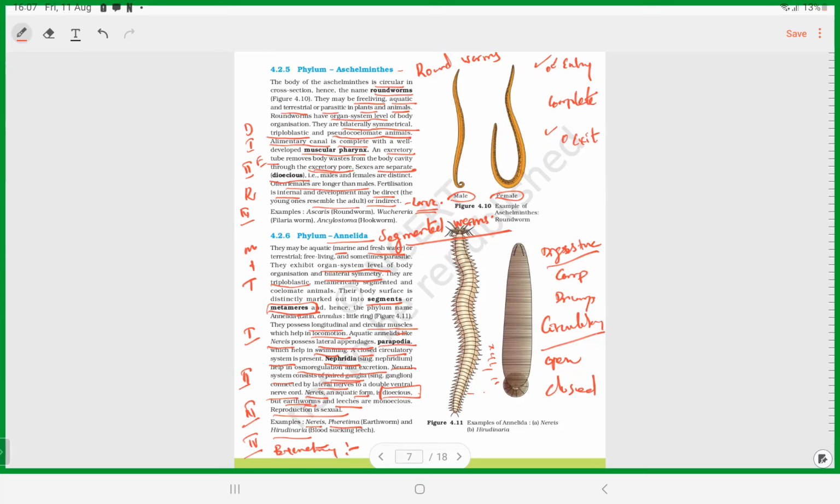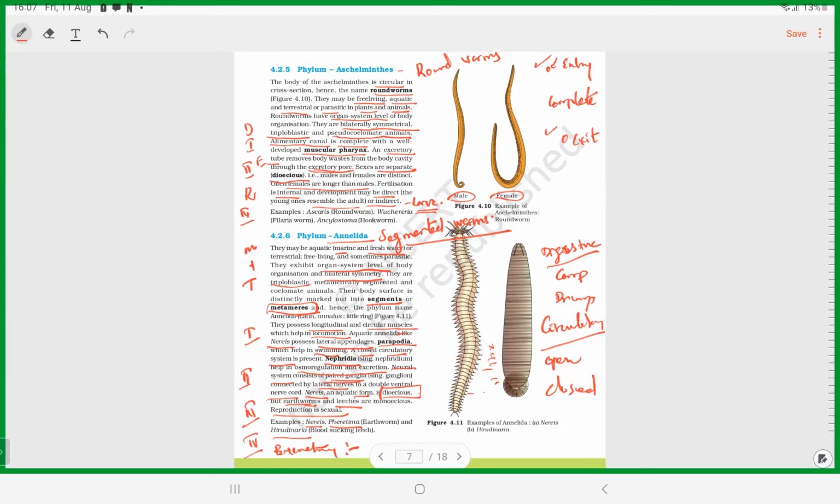Hello, students. Please, someone come and tell me which phylum organisms show bioluminescence property. Just come front and answer.